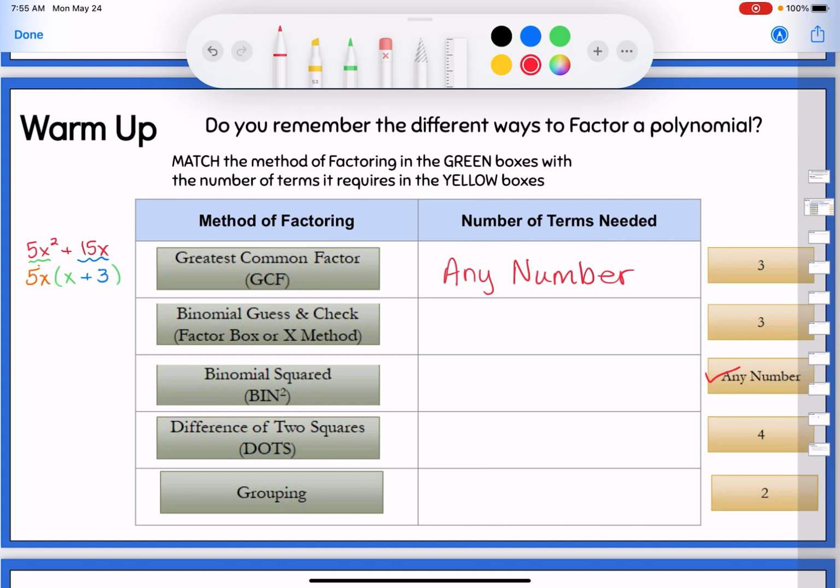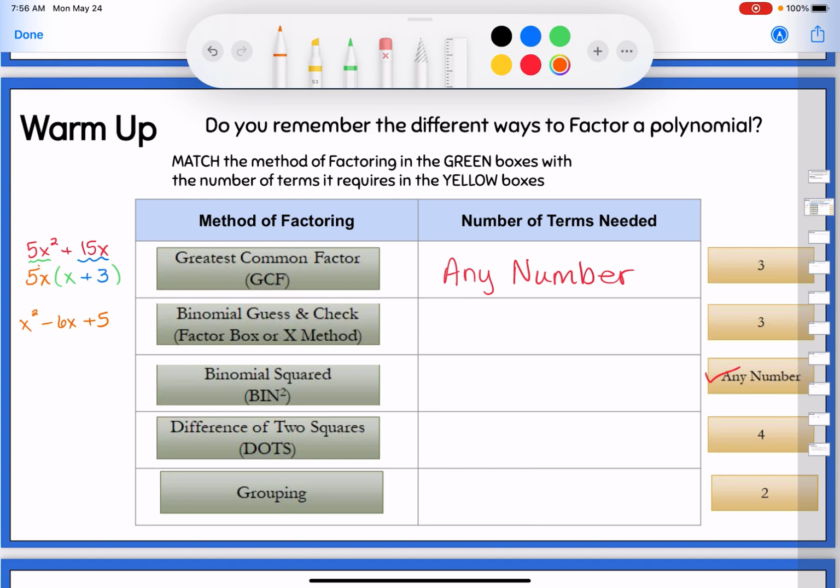Now the next one was binomial guess and check, or factor box, or X method, or whatever method you use. We never did come up with a really great name for that one. That one would be if you had something like, let's do x squared minus 6x plus 5.